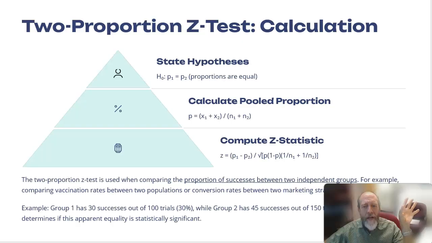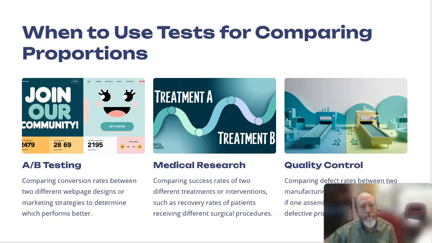Again, I'm not going to go through a sample, but let's say you have 100 trials of one thing and 200 trials of another, and you had a number of successes in each, and you look at the percentage of each of those. Using this technique, you can determine whether their equality, which would be the null hypothesis, is statistically significant.